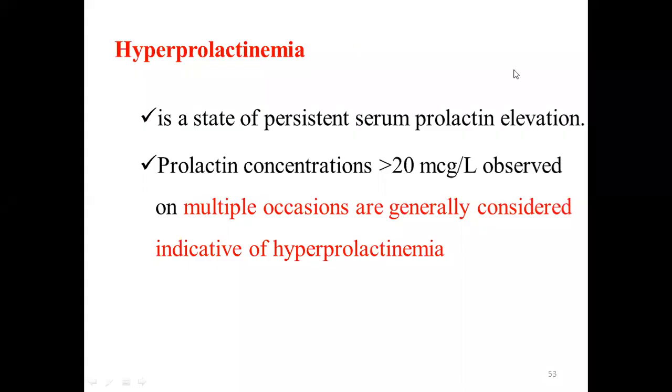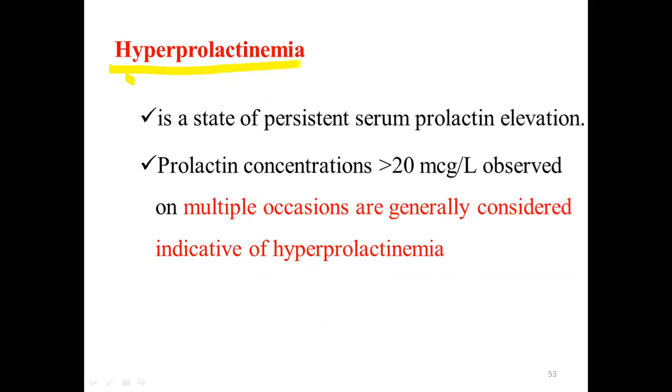Gland disorder, which is known as hyperprolactinemia. The term itself is self-explanatory. It is a state of persistent serum prolactin elevation. The normal prolactin level is mainly less than 20 microgram per liter.